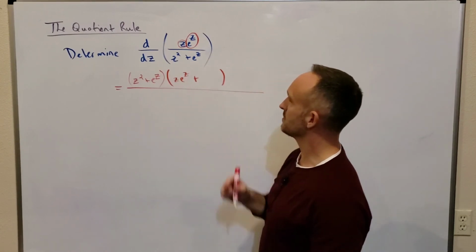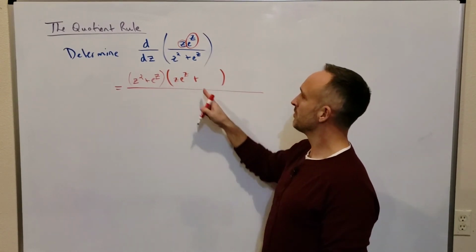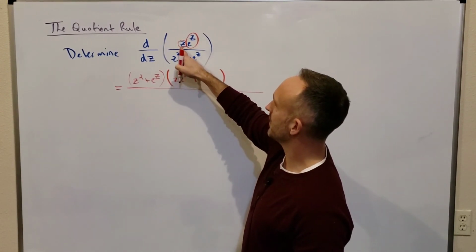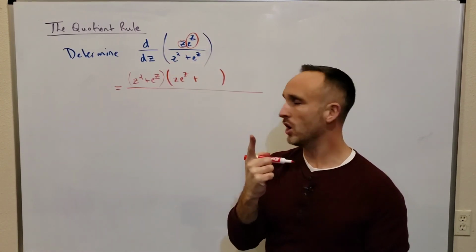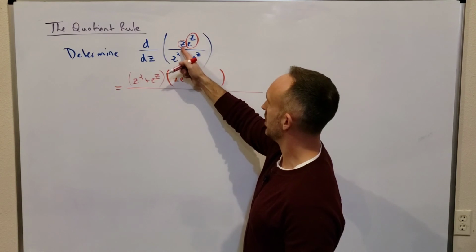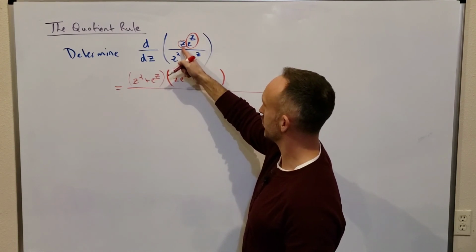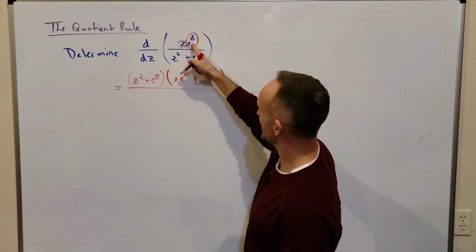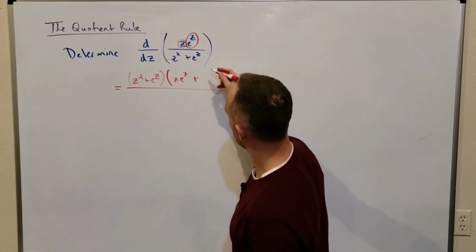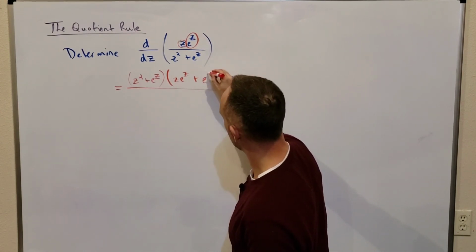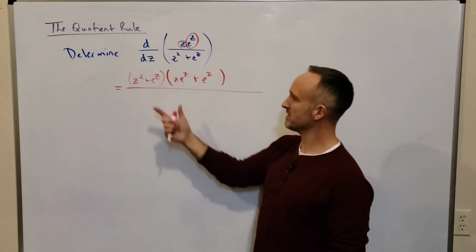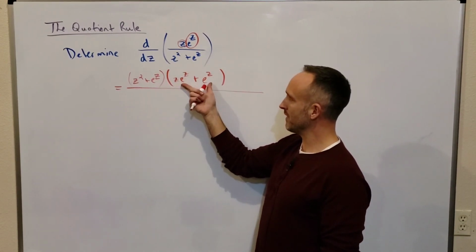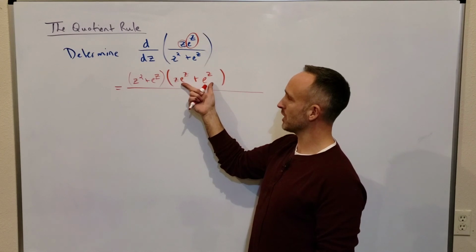So that's the first times the derivative of the second, plus the derivative of the first. Well, the derivative of z to the first power is just 1. So this just turns into 1. The derivative of the first is 1, multiplied by the second, which is e to the z. So I just get 1 e to the z, or just e to the z. Okay? So this is the bottom times the derivative of the top, which we had to use the product rule.